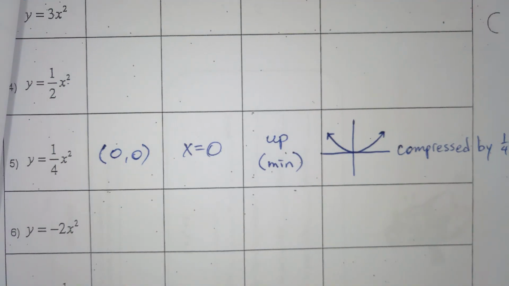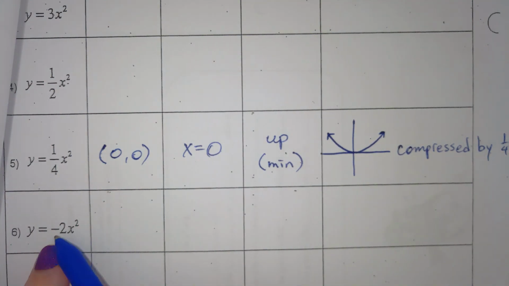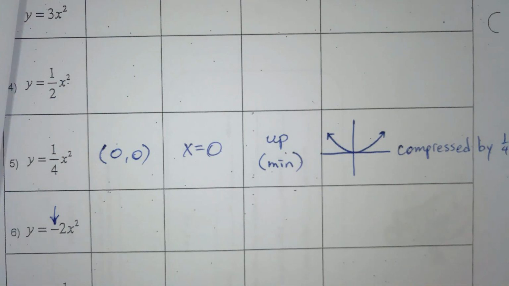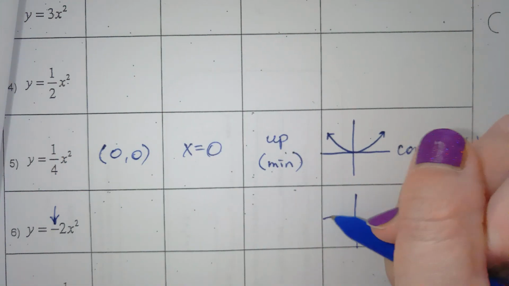We have this upside down one. So when is it upside down? When it's a coefficient times a variable. Right, when it's negative. So the negative here tells you that it goes upside down.